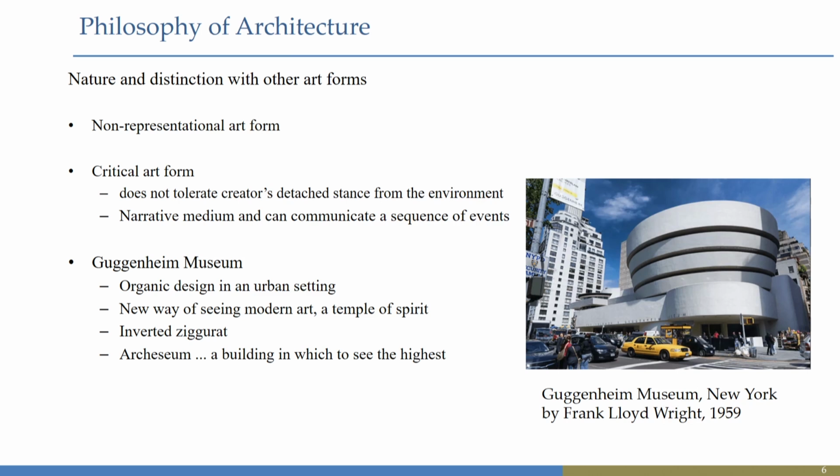What Frank Lloyd Wright thought was that he would create a new way of looking at modern art, and that is how he imagined this design, and it took a long time, almost 10-12 years, to make this building. He imagined it as a temple of spirit, and it is also imagined as an inverted ziggurat.